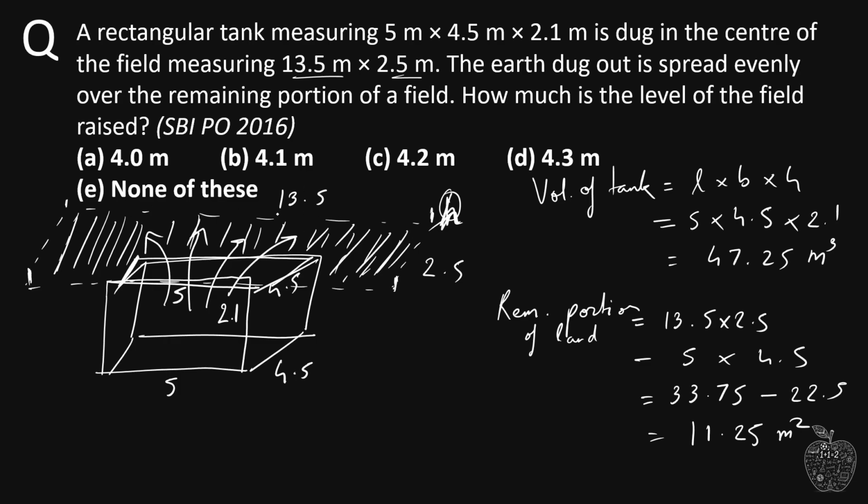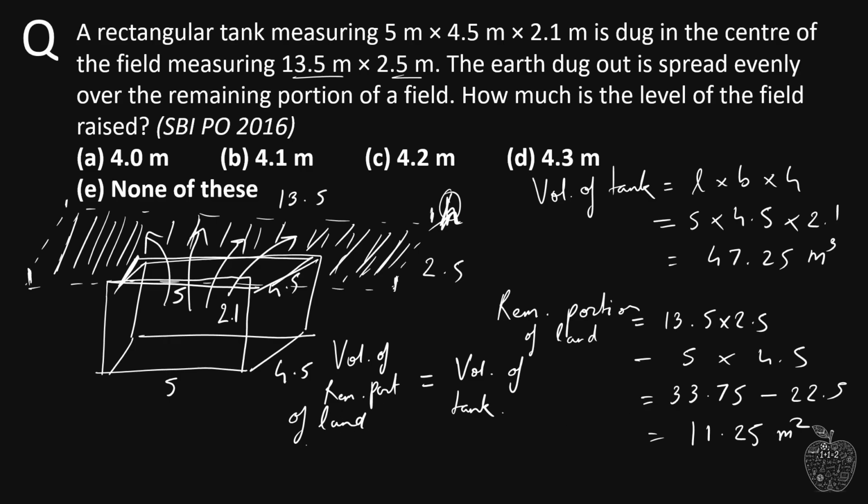The volume of the remaining part of the land after raising will be the same as the volume of this tank, because we are spreading the same amount of sand as we dug out from this tank. So the volume of the remaining part of the field is the same as the volume of the tank.